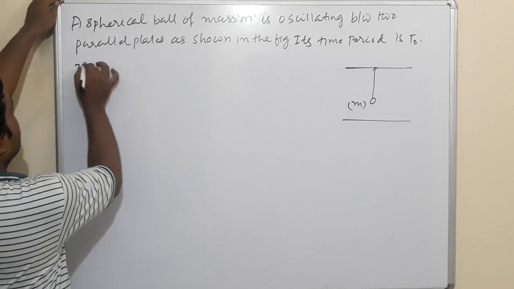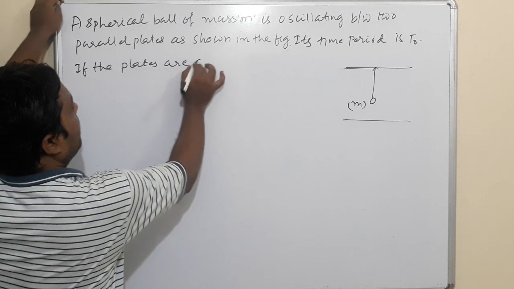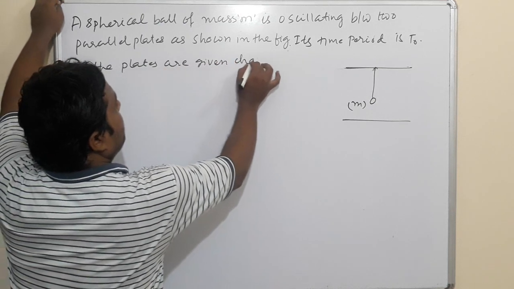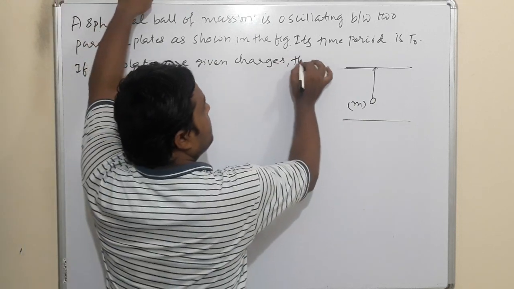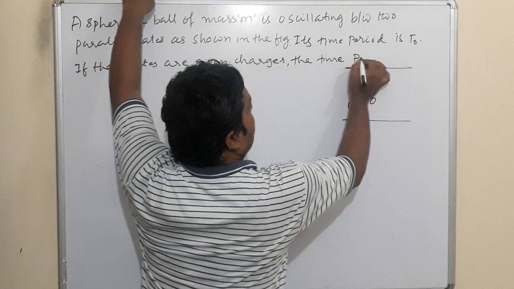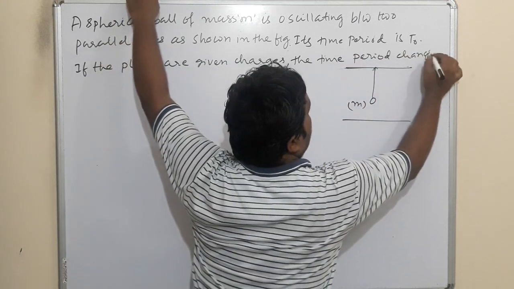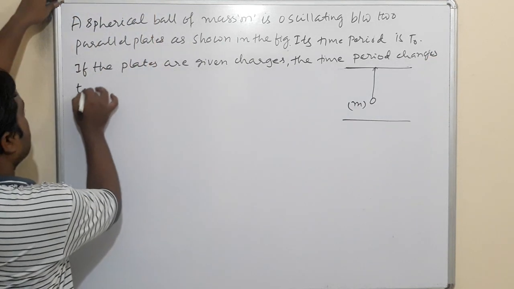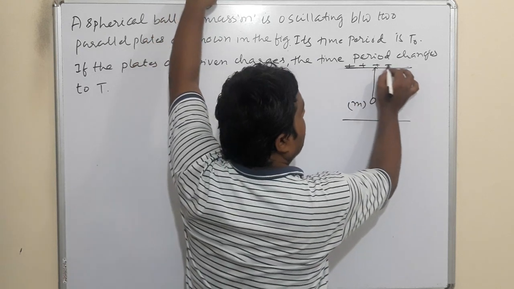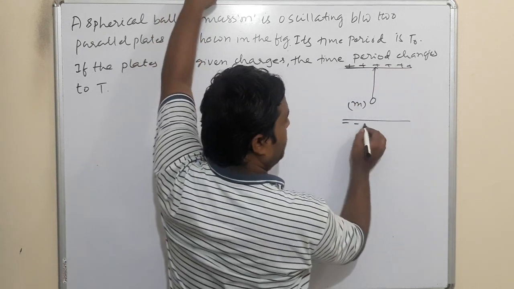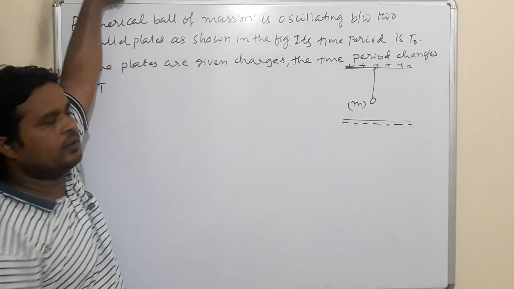Then if the plates are given charges, the time period changes to t. If the plates are given charges like this, the upper plate is given positive charge and the lower plate is given negative charge. It is also shown in the figure.